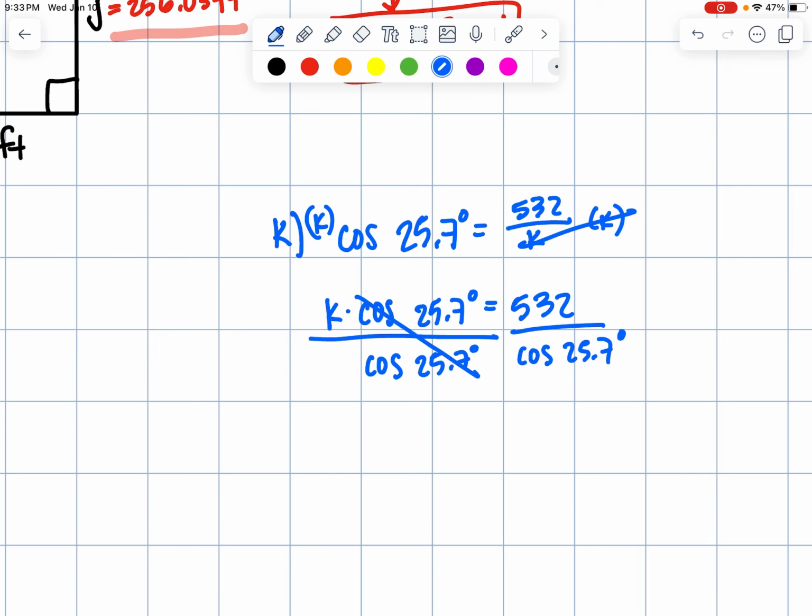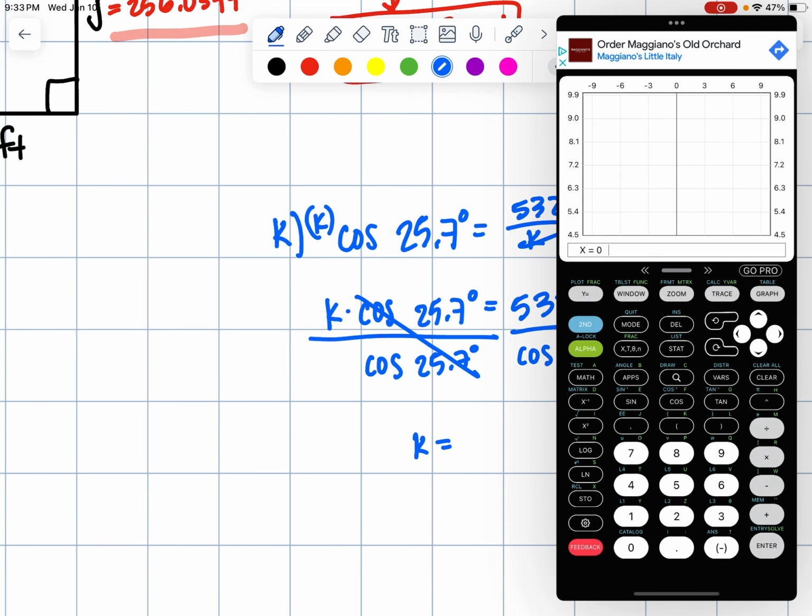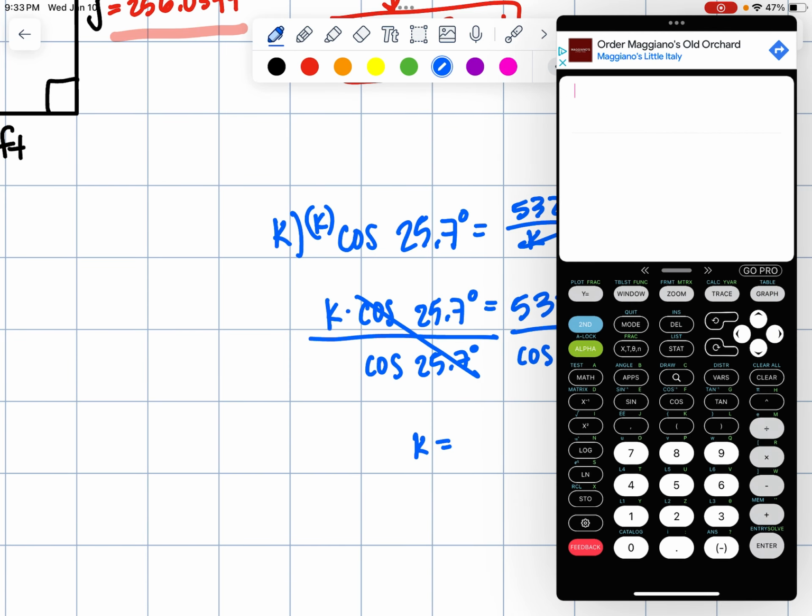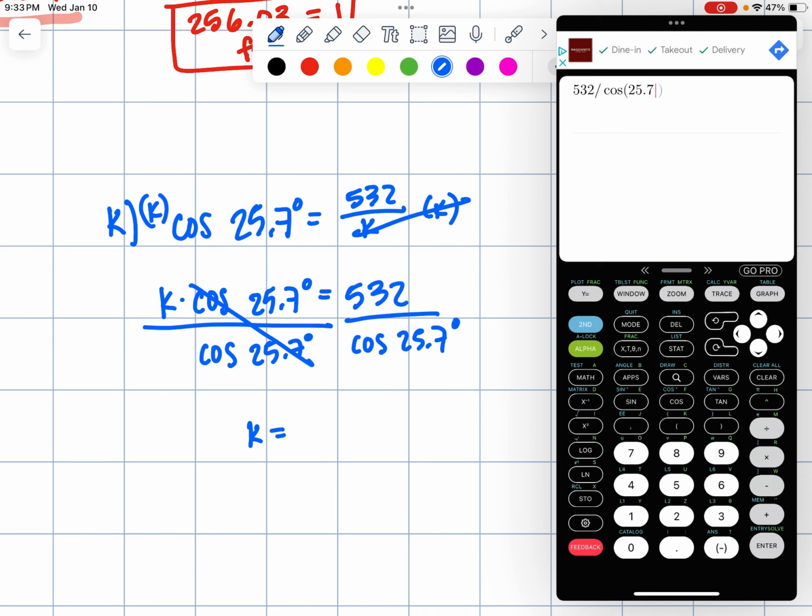Cosine 25.7 cancels out on the left side, and k is then equal to 532 divided by cosine 25.7, close parentheses, and we get a new value. Round to the nearest hundredth, so we would say 590.40. You don't have to put the 0 there if you don't want to, because the next number doesn't round up, and this is in feet.